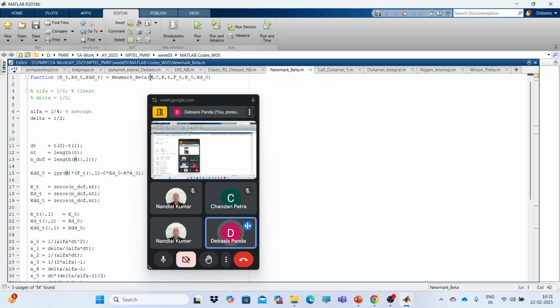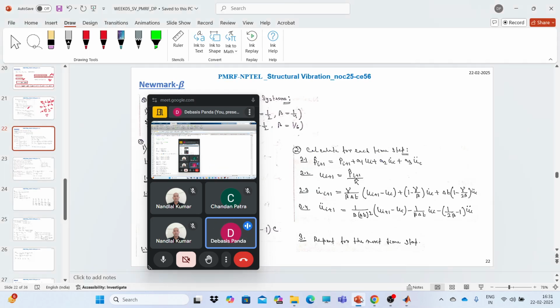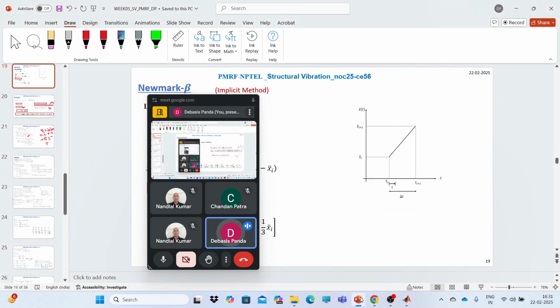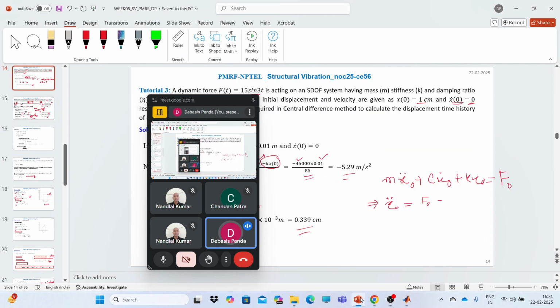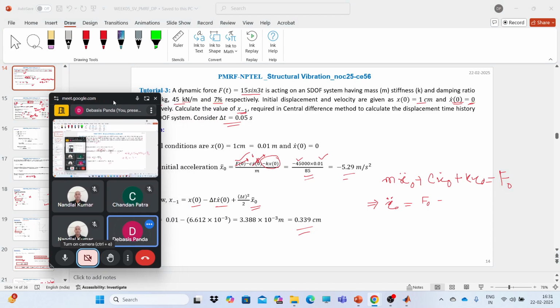The questions are those which can be solved using pen and paper and the on-screen calculator. NPTEL provides you the on-screen calculator, and that kind of questions will be provided during the exam. We have seen which kinds of questions may be asked from Newmark-beta, the central difference method, and Nigam-Jennings. This kind of question is very straightforward and you can solve it within seconds.